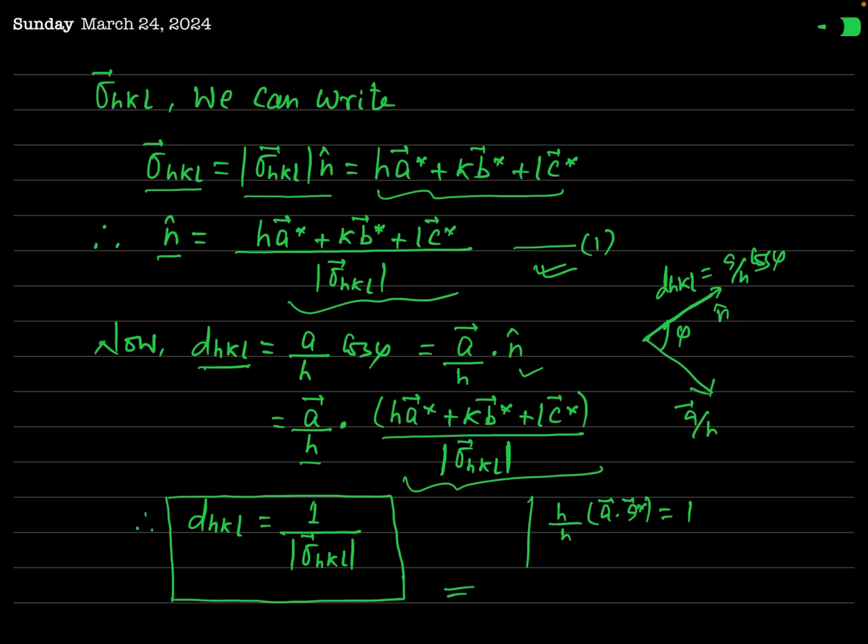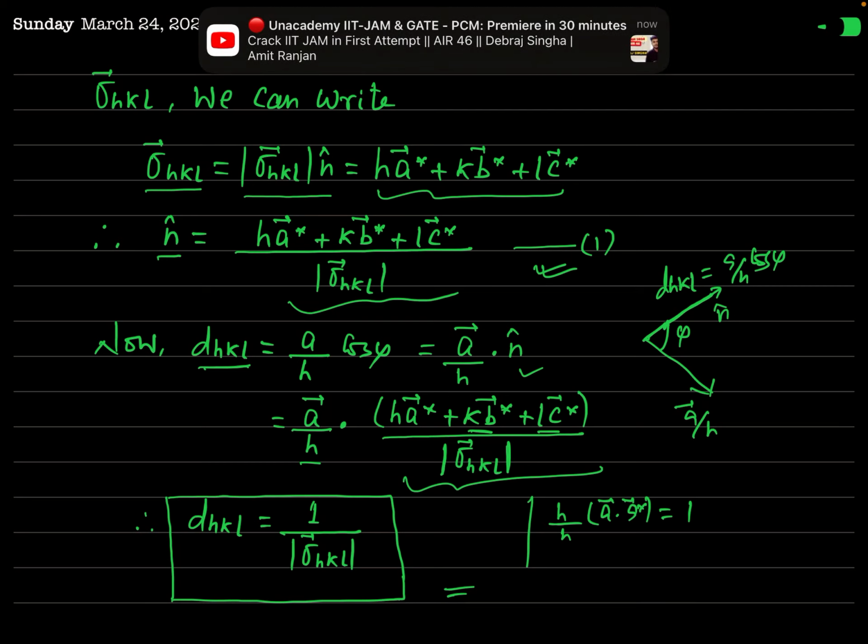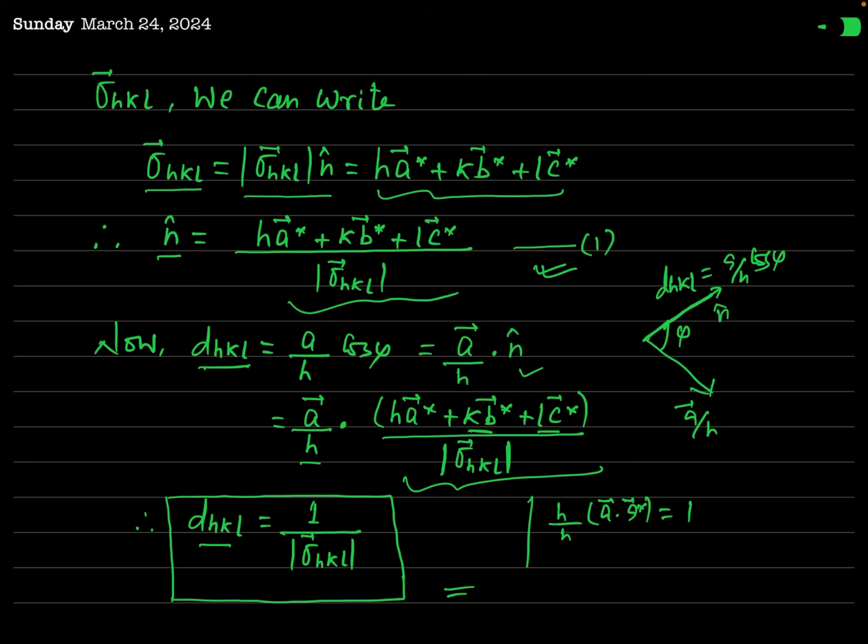But when you take the scalar product of a by h with the second and third terms, k b star and l c star, that will be simply 0, because you know a dot b star and a dot c star are all 0. So only one remains in the numerator, and therefore d_hkl is equal to 1 over modulus of sigma_hkl.